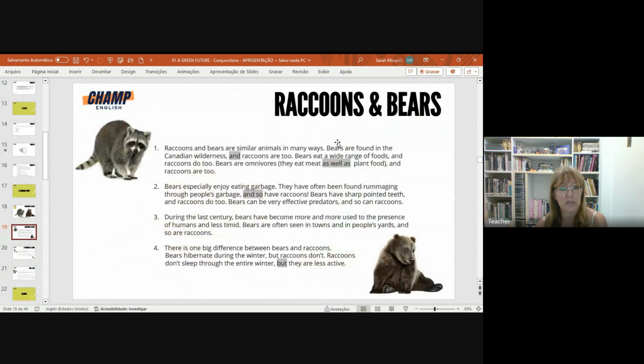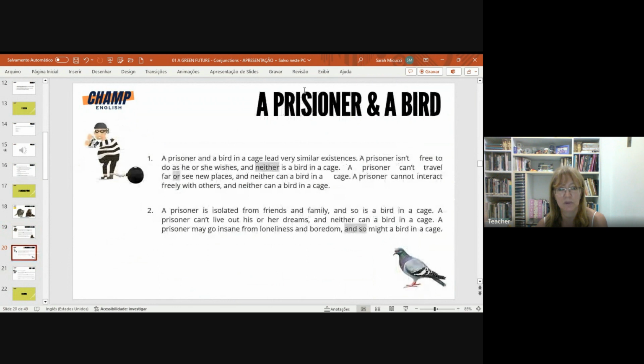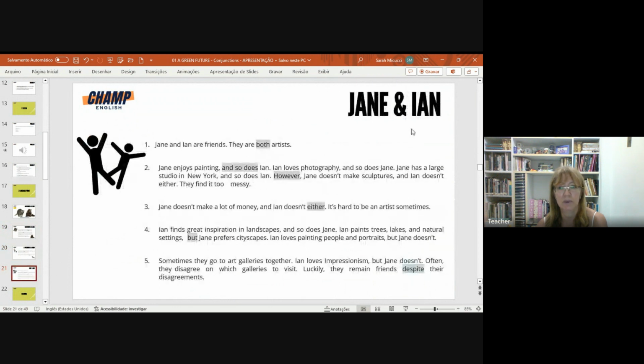You will read about raccoons and bears, and you will see that there are many conjunctions like these ones: and, so, but, as well as. I've already sent you this lesson. The second one is about a prisoner and a bird, and the third one is about Jane and Ian.